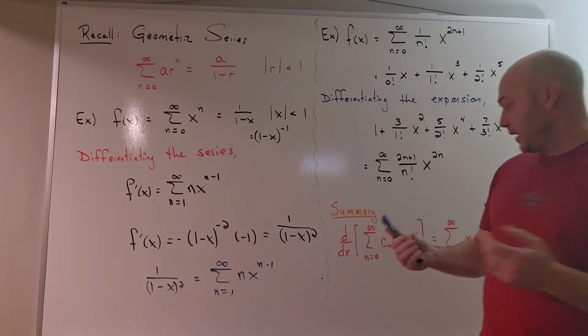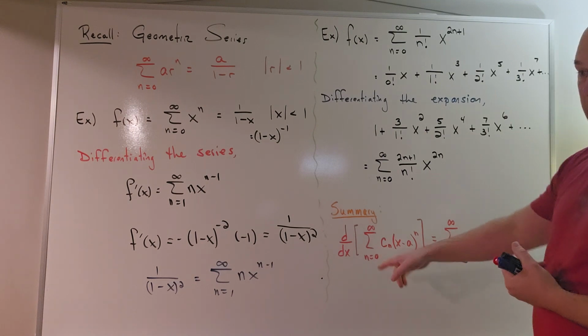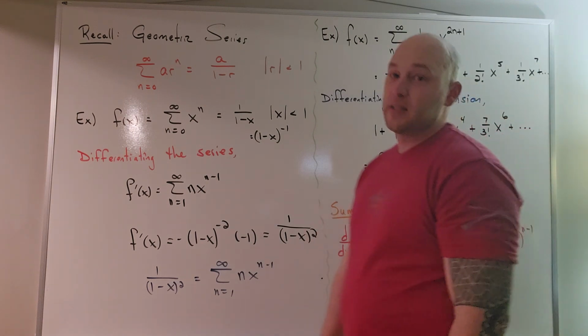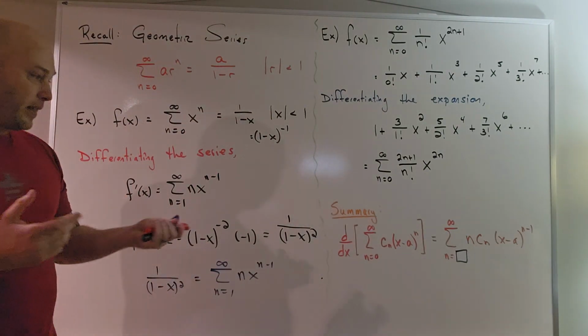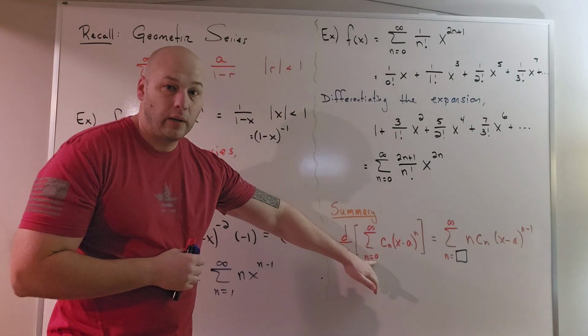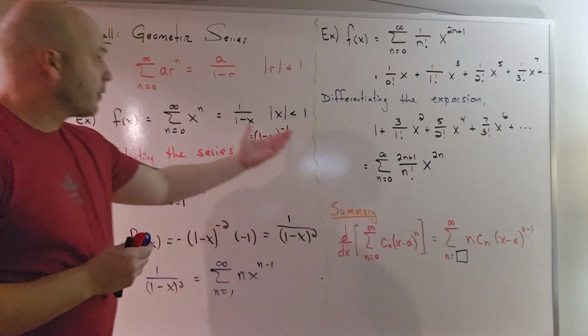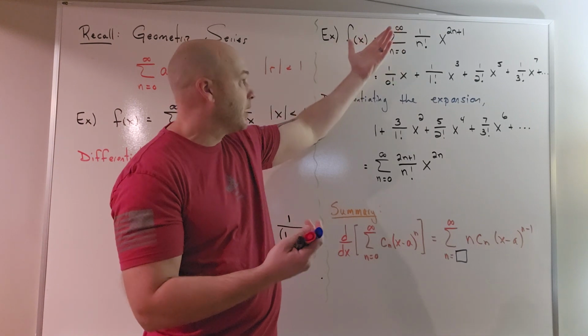Okay, but again, basically the idea is that I just differentiate this using a power rule, which is honestly probably the simplest differentiation technique that you learned in your Calc 1 class. And then all I have to check is the initial term is either going to be 0 or 1. Now, of course, I could have a power series that starts at 2, 3, 4, 5, whatever the case may be.